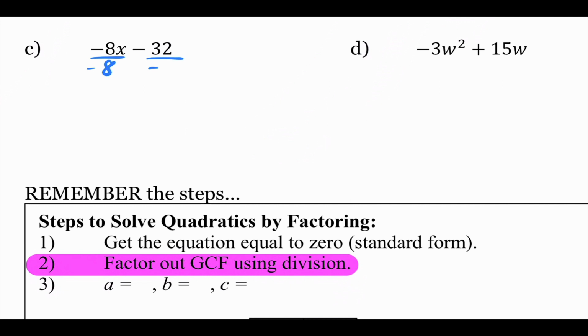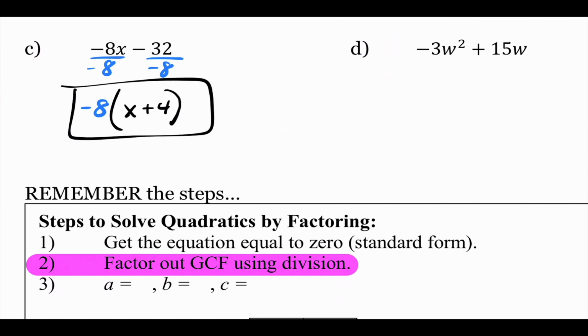Yeah, I think it's 8. So negative 8 goes in front. Negative 8 divided by negative 8 makes positive 1. Negative 8 goes into negative 32, positive 4 times. We divide by a negative when I have a negative out in front, because the term in front, we like to be positive.